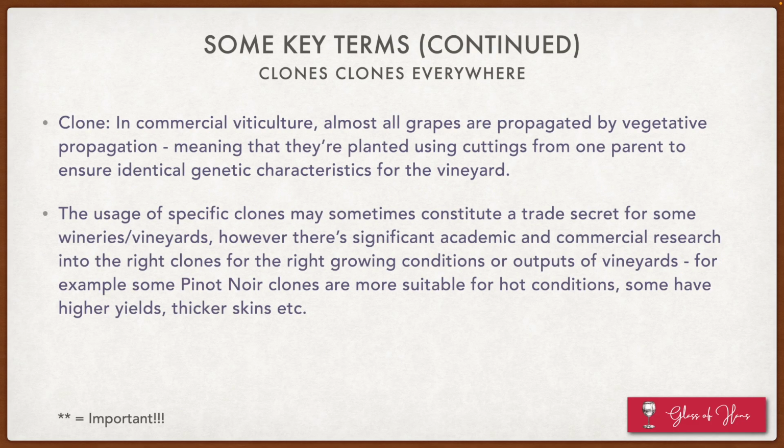Other key terms include clones. In most commercial viticulture, most of these grapes are propagated by vegetative propagation. That means that they are planted using cuttings from one parent to ensure identical genetic characteristics for the whole vineyard.